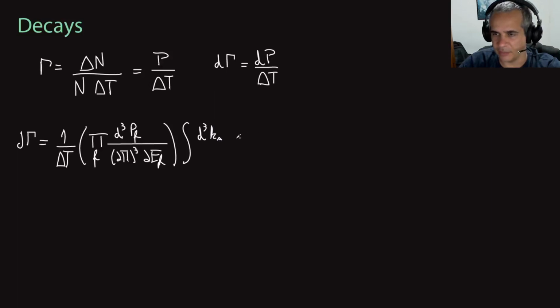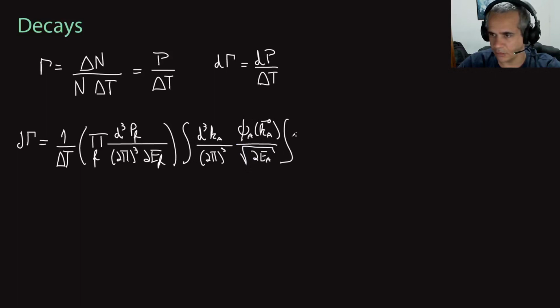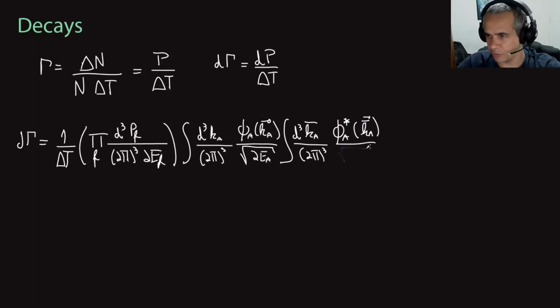Now I don't have Ka and Kb because it's just one particle in the initial state. 2π³, φ_a(Ka), square root of 2Ea, integral d³Ka bar over 2π³, φ* of Ka bar, square root of 2Ea bar.